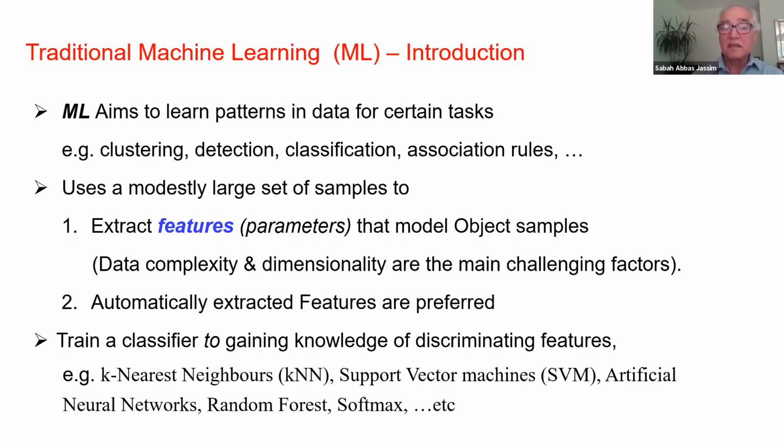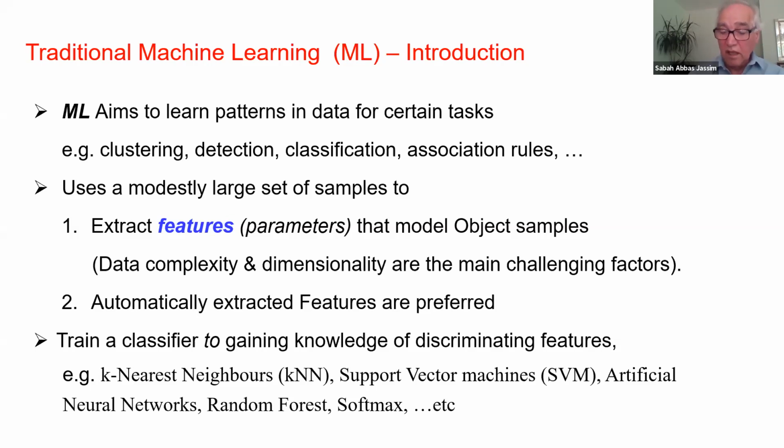And then automatically extracted features are more preferable. You train a classifier on these features, and there are so many of them, KNN, SVM, artificial neural networks, and so on.